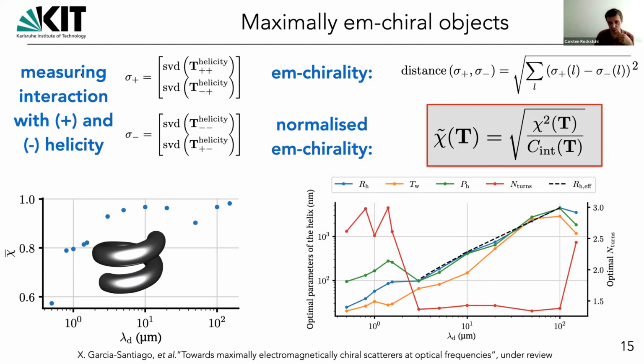So this definition of chirality goes back to Lord Kelvin, who suggested by the end of the 19th century that an object is chiral if it cannot be superimposed onto its mirror image by any means of rotation or translation. This is a quite strong, easy to appreciate definition, but it's also limited, because it tells you that chirality is a binary property and you cannot really measure how chiral an object is.